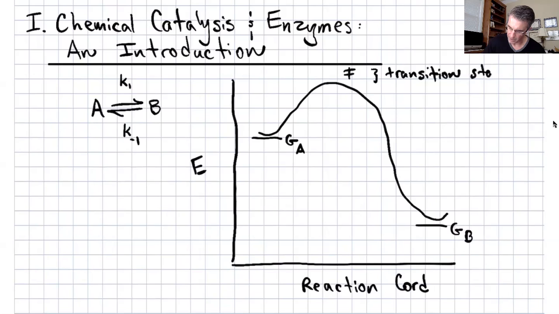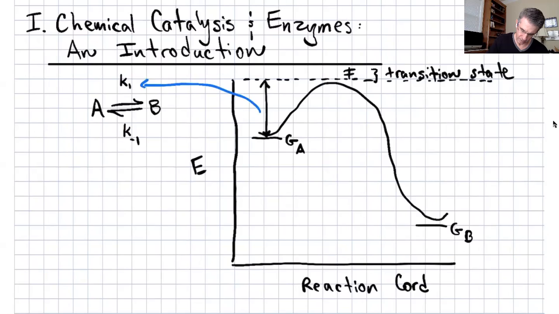And we saw how it's the size of the energy barrier between the transition state and the A, between the reactant, that governs the magnitude of that forward rate constant, because the size of that delta G naught double dagger defines the magnitude of that rate constant in transition state theory.